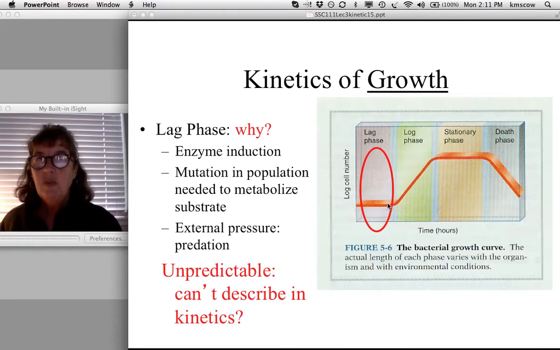So with patience and waiting out this long lag phase, the student did make a discovery, I think one of the first discoveries of anaerobic degradation of chlorinated solvents.